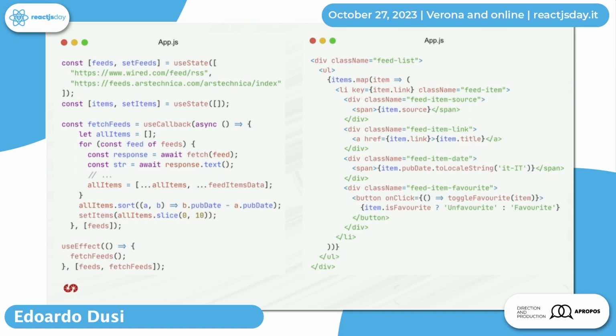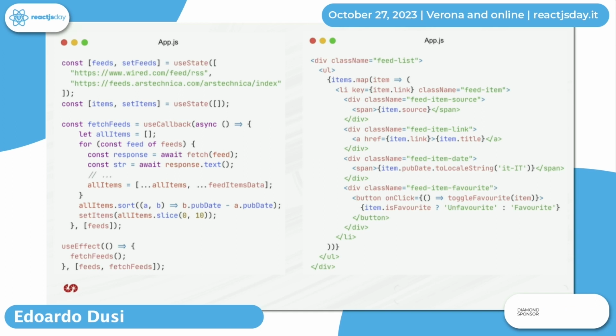Perfect. And fetchFeeds is a callback because, if you remember, every time I set a new feed here, these are the default values. If I add a new value here, the entire component will be called again.